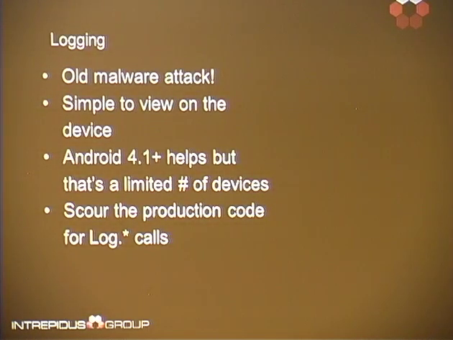Like I said, this is one of the very old issues, and the earlier samples of malware would basically request a read log permission, and requesting the read log permission would give them the capability to read other apps' logs.